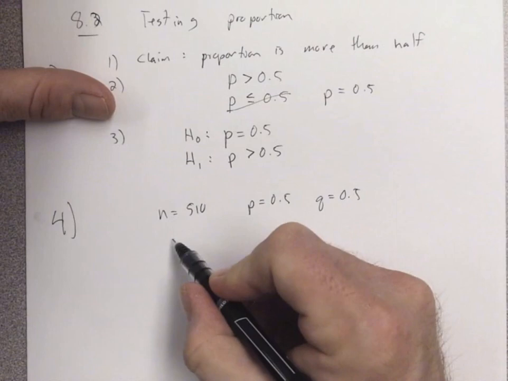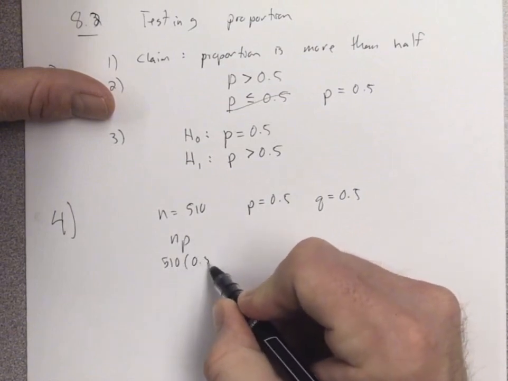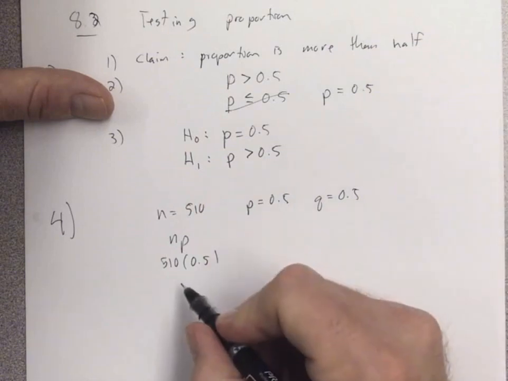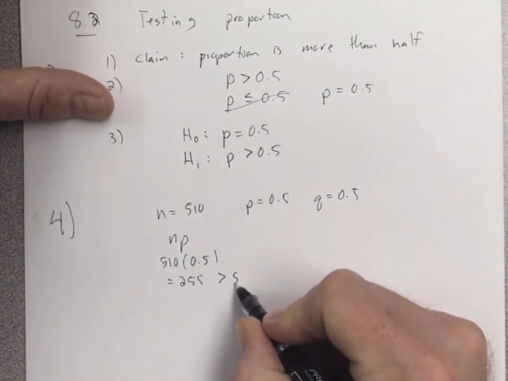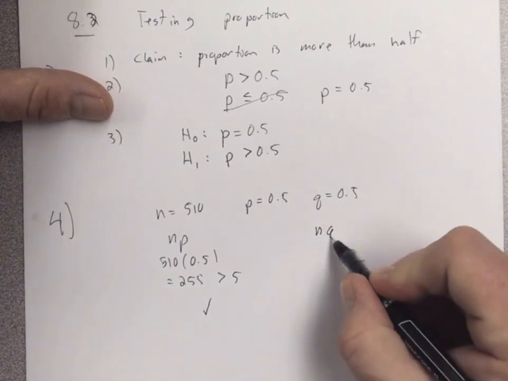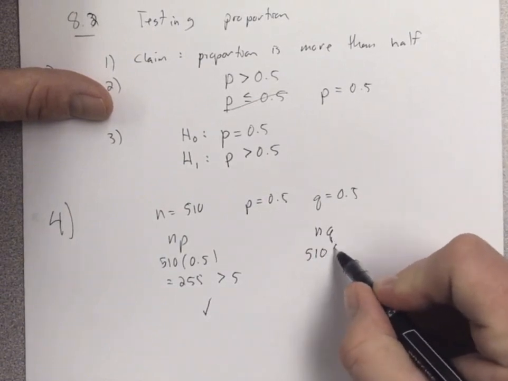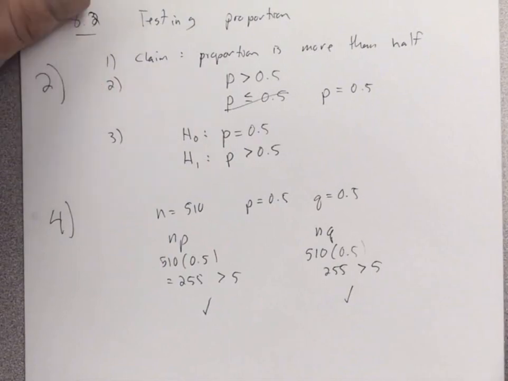When we do the normality check, n times p would be 510 times 0.5, which is 255, which is definitely greater than 5, right? So that was good. And then I also have to do n times q, which is the exact same value, because q is the same, 0.5. So this is equal to 255, which is also greater than 5. So boom.